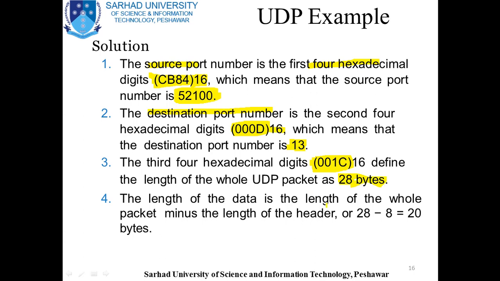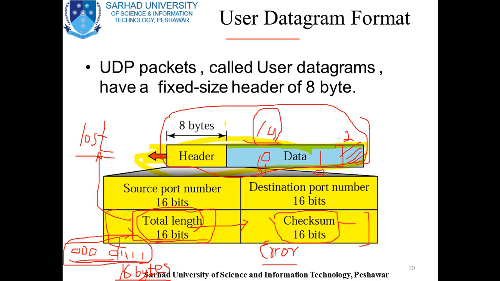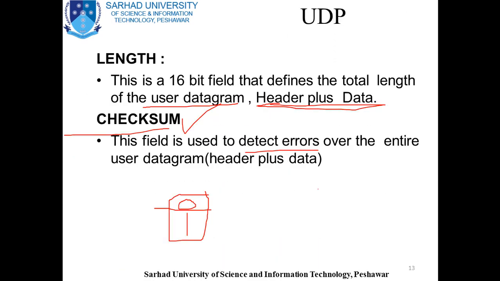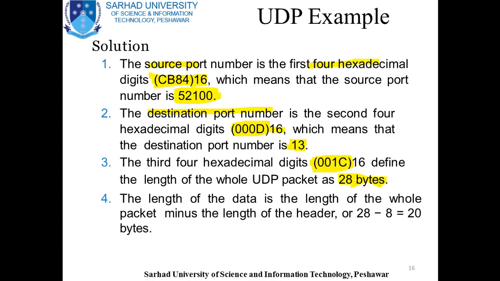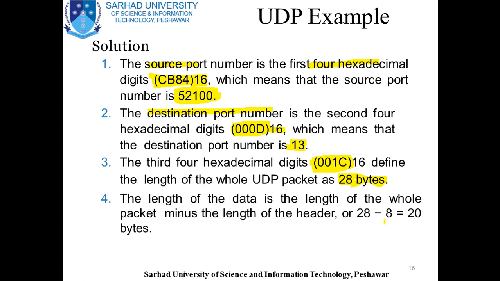And we have learned that the header of a UDP is always 8 bytes. So if you have received the length of the whole datagram, you can easily find the length of the data.